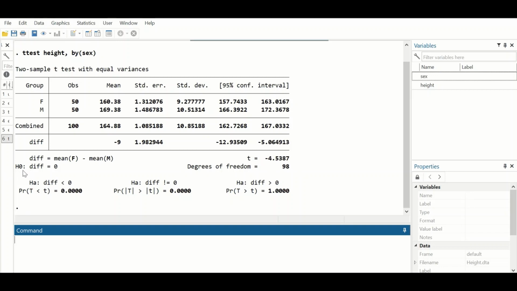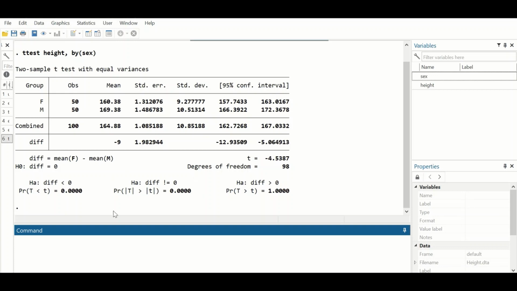The hypothesis that has been set here is that the null hypothesis states that the difference between the means for the females and males is equal to 0, i.e. that the means for both are similar. The alternative hypothesis, which we will stick with in our case, is that the difference is not equal to 0, i.e. there is a difference in the mean for females and males.